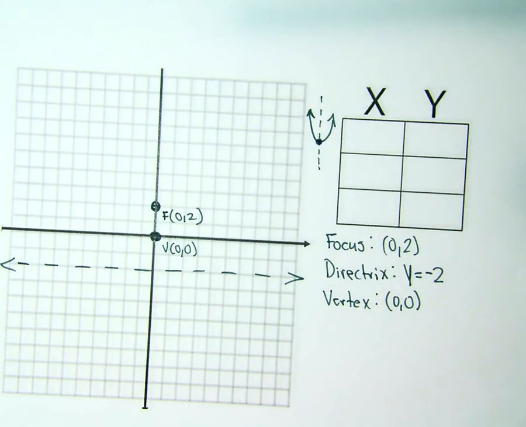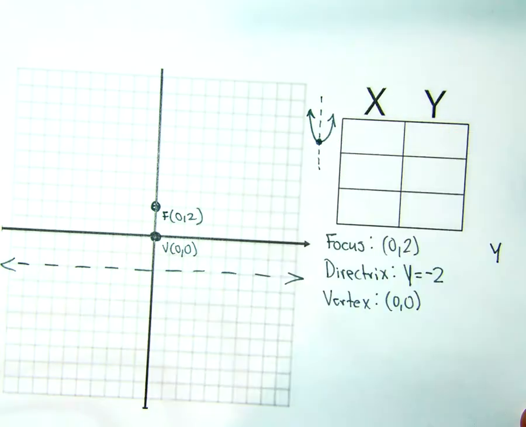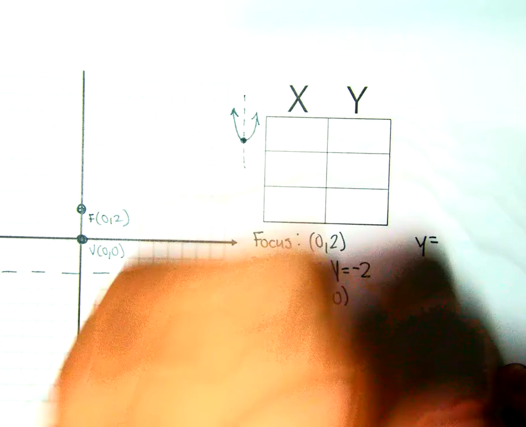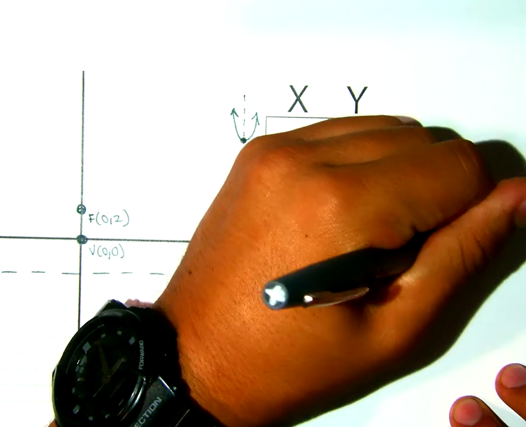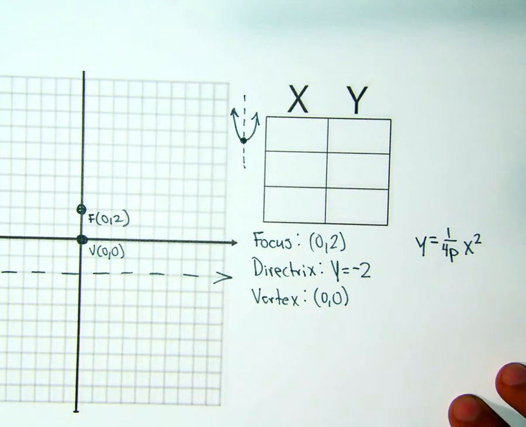The first equation they give us is the standard equation. They tell us the standard equation when our vertex is at the origin is y equals 1/4p times x squared. Y equals 1/4p times x squared.